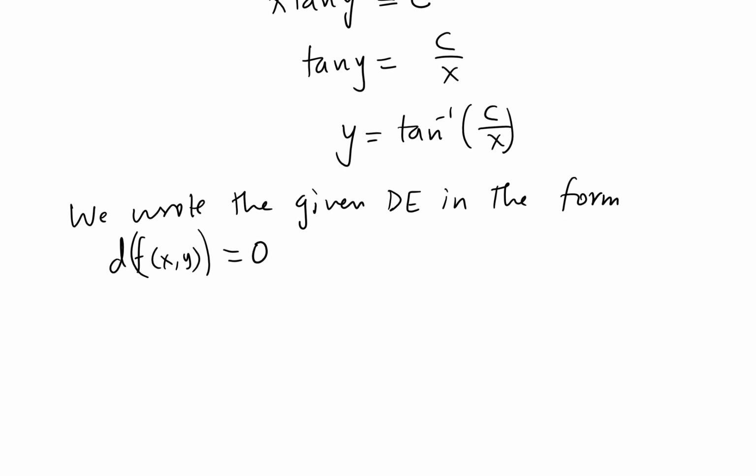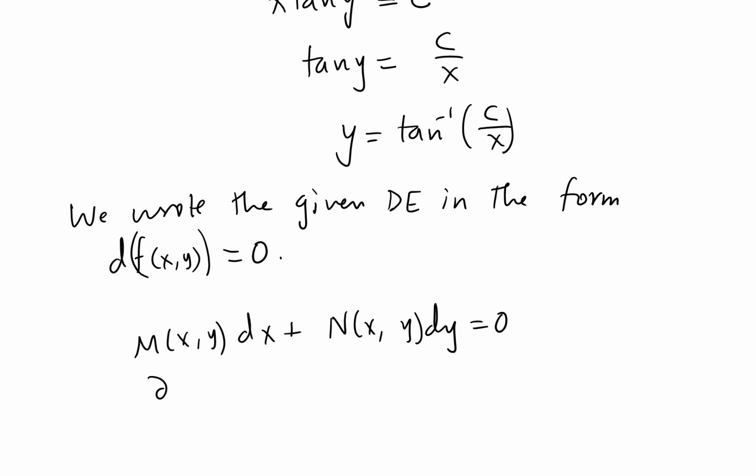Now, we started with this differential equation, and then what we have is partial f partial x dx plus partial f partial y dy equals 0.